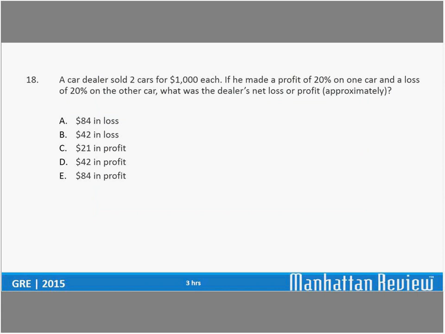A car dealer sold two cars, let me say car 1 and car 2, for $1000 each. Means the selling price is 1000 and 1000. If he makes a profit of 20% on one car and a loss of 20% on the other car, what is the meaning?